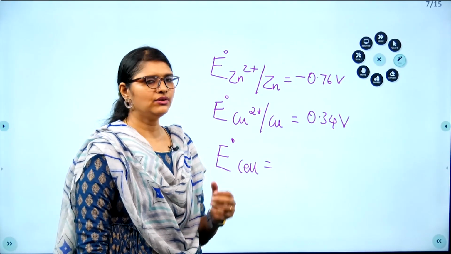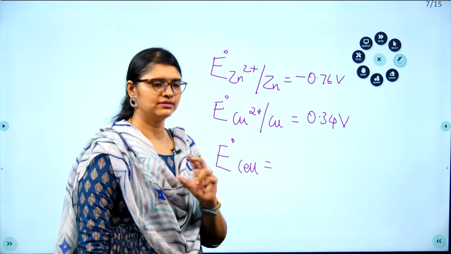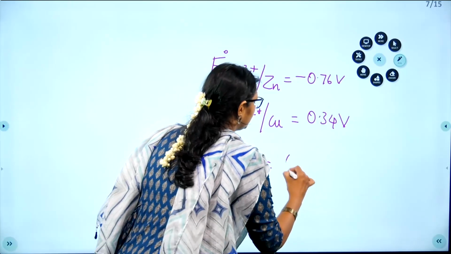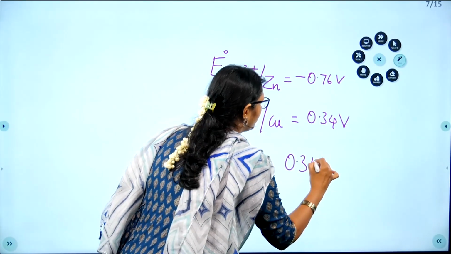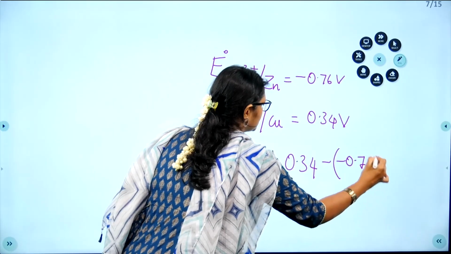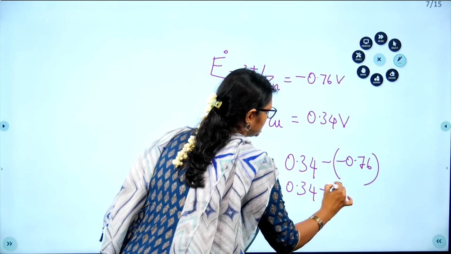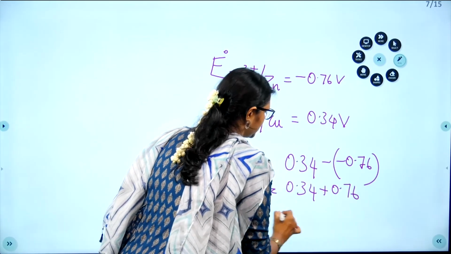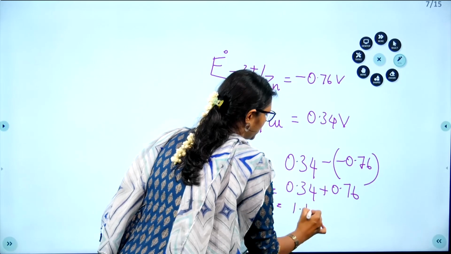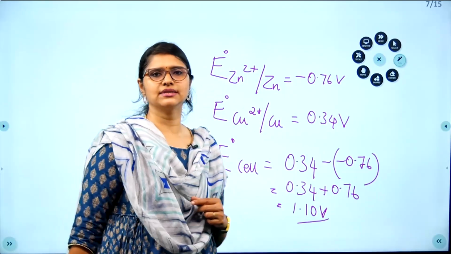Zinc. So EC minus EA, copper minus zinc. That's it. Now let us take the values: 0.34 minus of minus 0.76. So 0.34 plus 0.76, which is nothing but 1.10 volts.